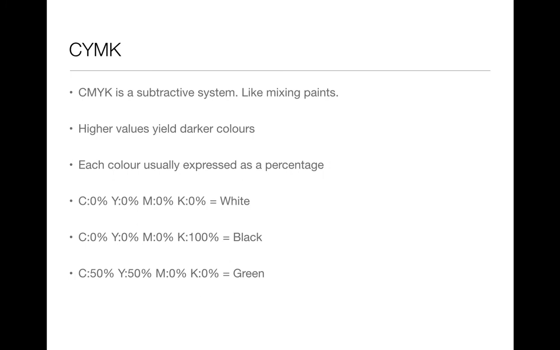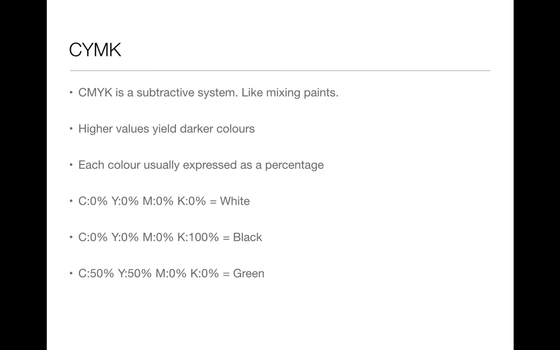If you have 0 cyan, 0 yellow, 0 magenta, and 100% black, well, you're looking at black. And then when you come to combine colors, it's kind of familiar because it behaves like it did when you were a kid mixing paints in school or at home. So if you want green, you mix blue and yellow together, you get green.